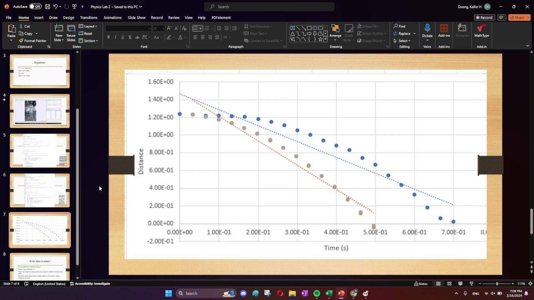So as you can see, the calculated is faster than the tracker's, and the gray, which is the one with drag, falls a little bit slower than the orange, indicating that drag is pulling the object up, so it's making it fall slower.